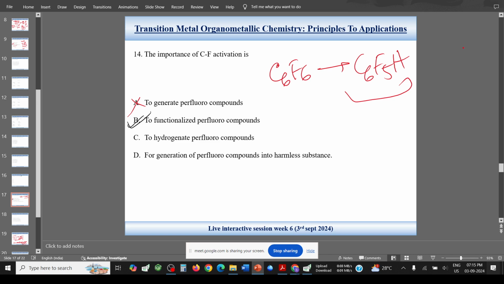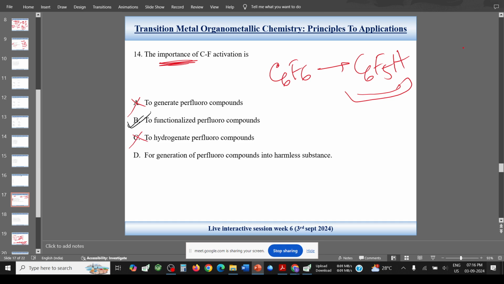Just for our chemical reaction we are doing. Here the word is importance, not the application. If you say it is an application of CF activation, yes, we may hydrogenate it. But the word is importance. We will not do what is not important. So hydrogenation may be important, may not be important. So this is also not correct.